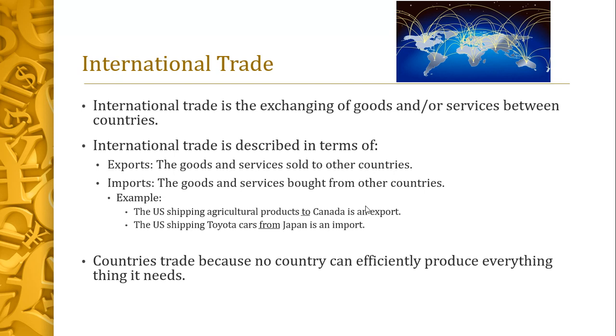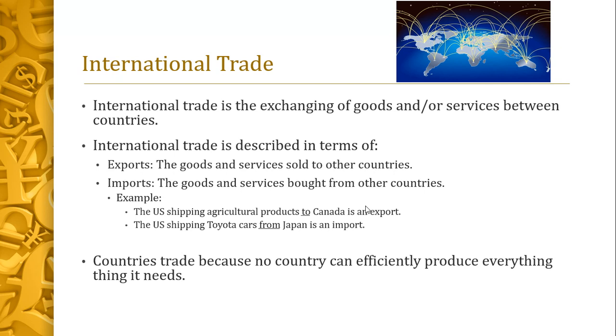And imports, when we buy goods and services that are made or manufactured outside of the United States. A couple of examples are our agricultural products going to Canada as an export, or us buying Toyota cars from Japan coming in as an import.